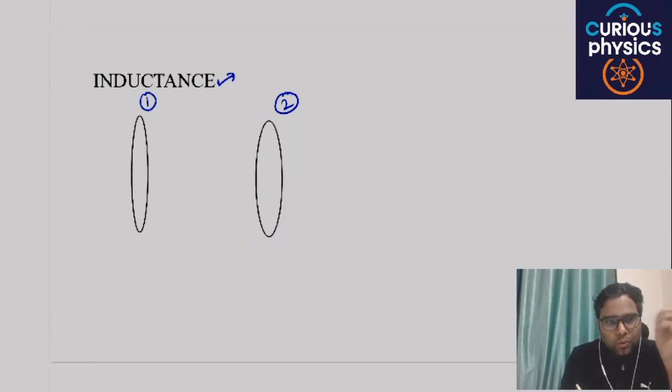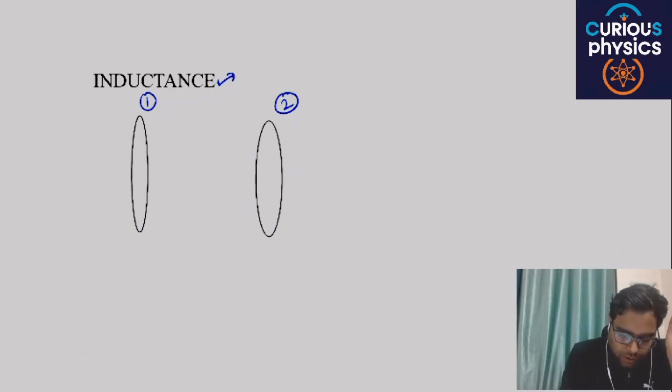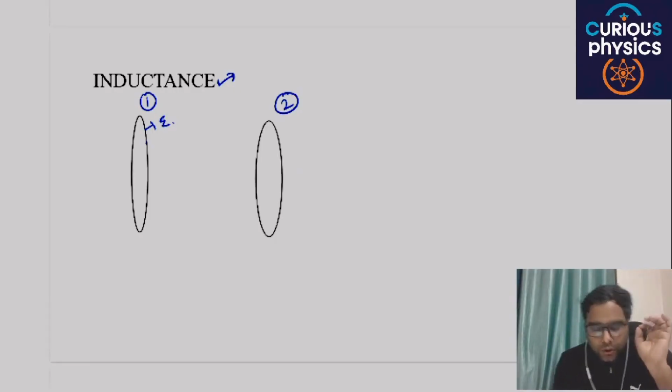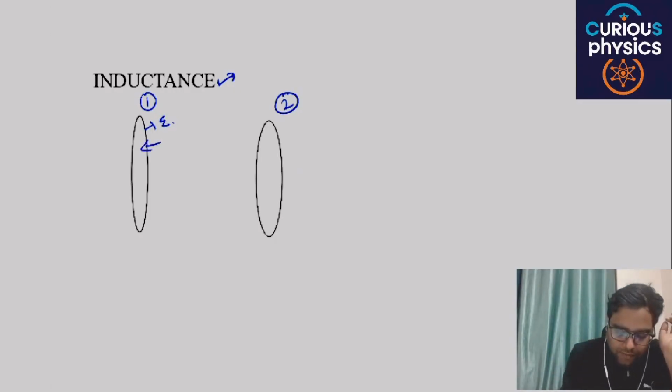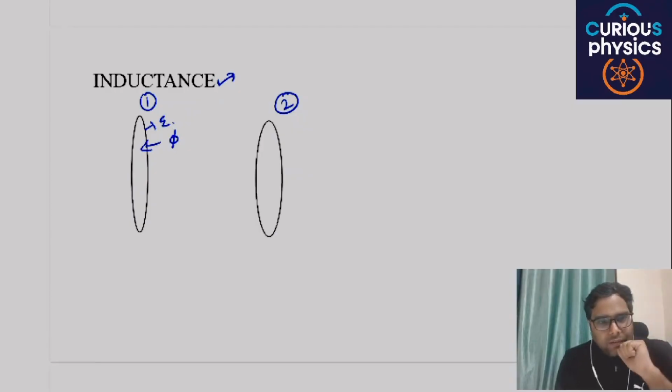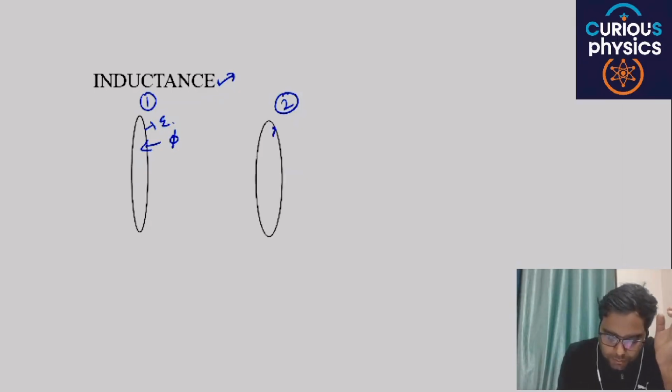If you want to produce an induced current in this particular coil, the aim is to produce an induced EMF in the first coil. So what we have to do is change the magnetic flux, and this magnetic flux is produced by this particular coil 2.